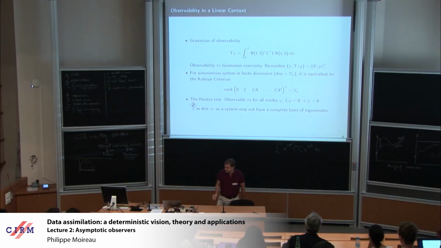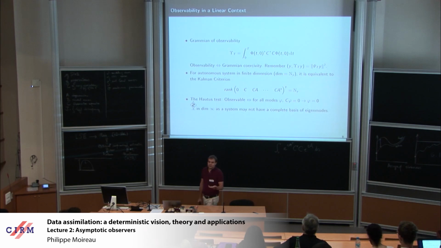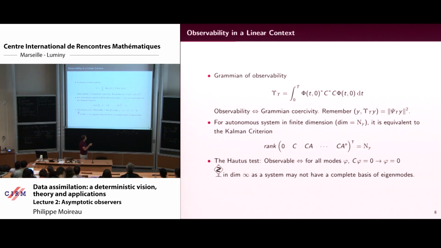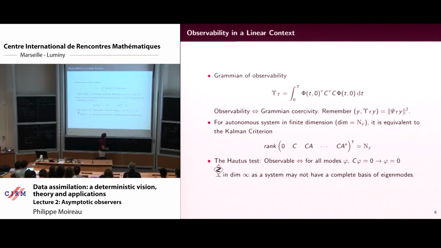Then you remember that, because you have Cayley-Hamilton, you can look at only the powers of A up to n. Sorry, n should be the same n, actually. And if you have that, then you can prove that this will be invertible. We will not use this criterion because it's very specific to finite dimension, but it's called the Kalman criterion, so I thought it was nice to recall what it is.